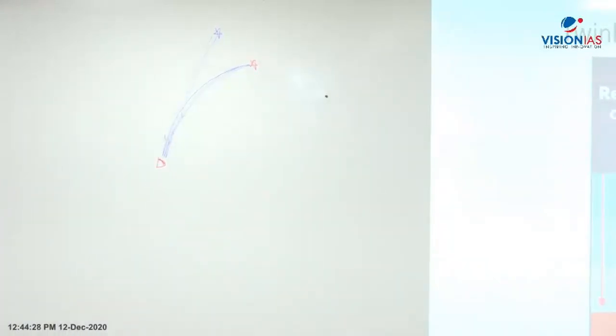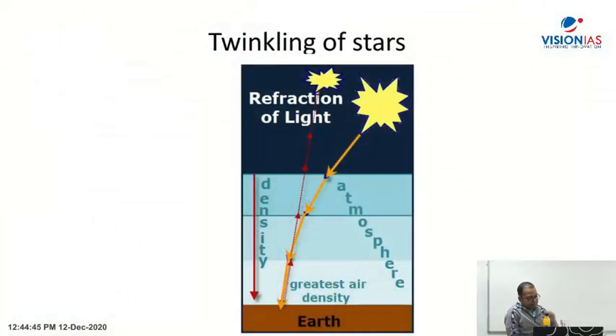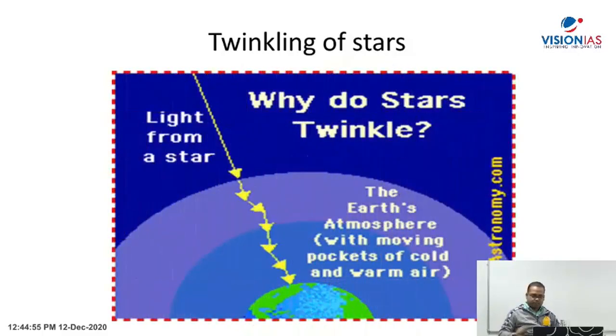Write this. Right. Multiple air pockets are present between the star and the surface of the earth.